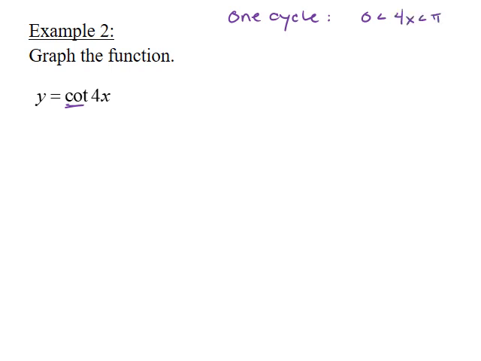Now notice that my inequality symbols do not include the values. It's just less than and not less than or equal to. That is because that's where the asymptotes occur. If I divide by 4, I have this. So my two consecutive asymptotes will be at 0 and pi over 4.